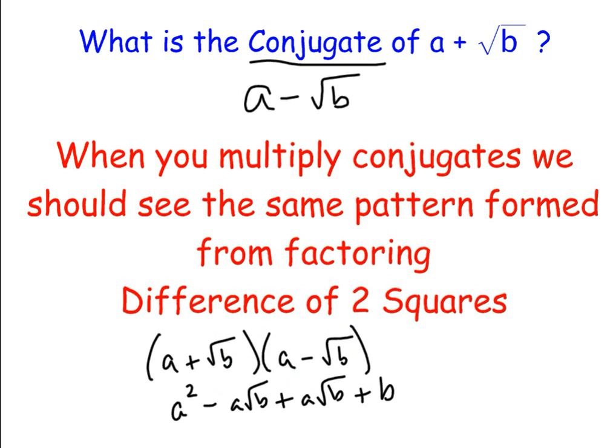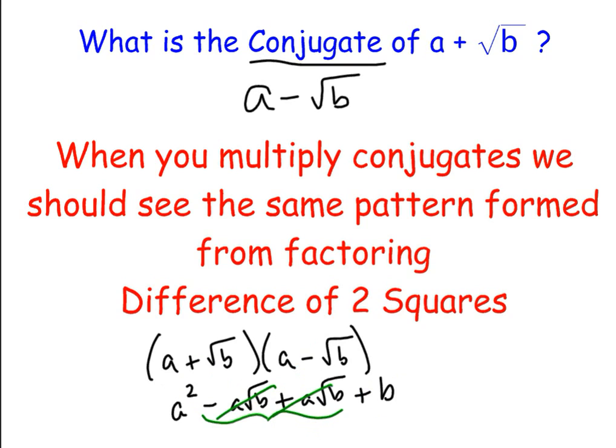So if you notice, my two middle terms end up simplifying to 0. So I just get a squared minus b. And that's why we multiply our irrational numbers by their conjugate, because the irrational parts end up zeroing out, and we get a squared minus b.